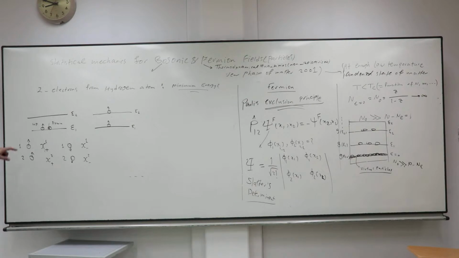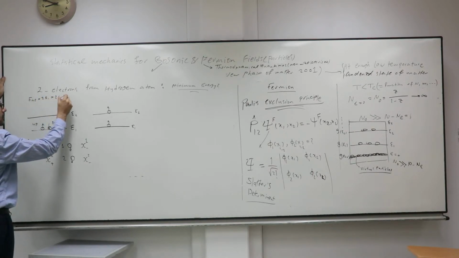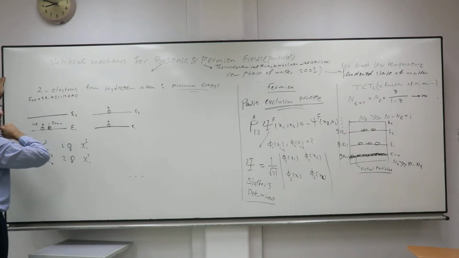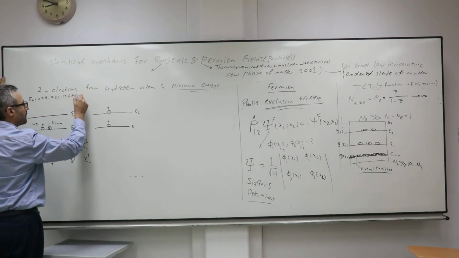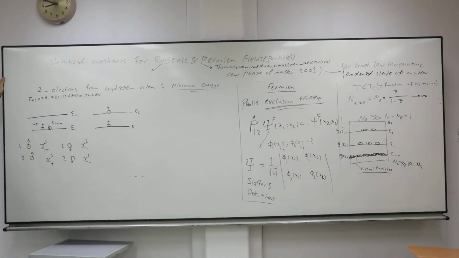So what is the wave function if I want to write it for here? What is the energy here first? For this situation, the total energy will be 2E1, for example 2 times minus 13.6 electron volts. What is the wave function?